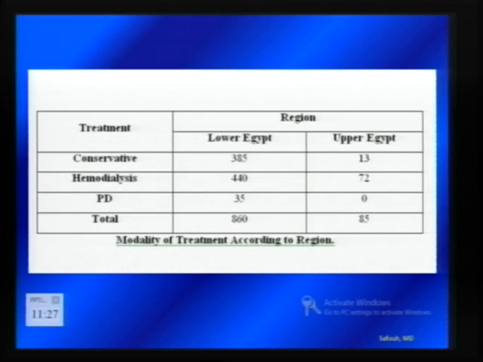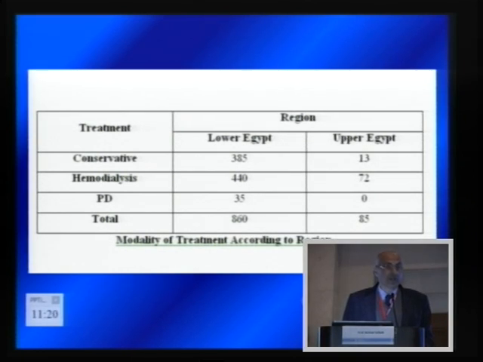We also classified the patients according to the therapy that they received, and you can see that hemodialysis, of course, is almost the single type of renal replacement therapy that's being used, except for Alexandria University, which was able to provide PD services to 35 of their patients.